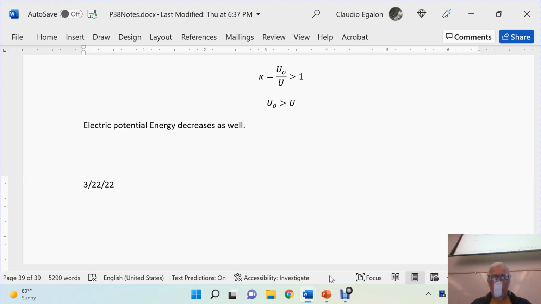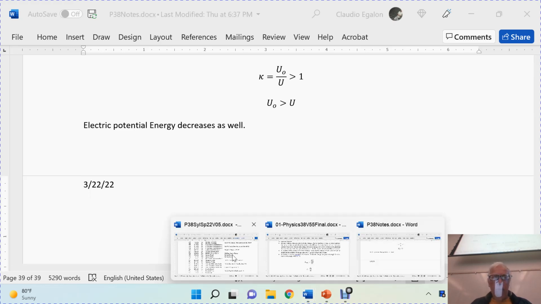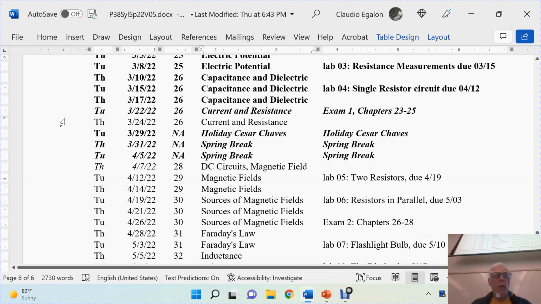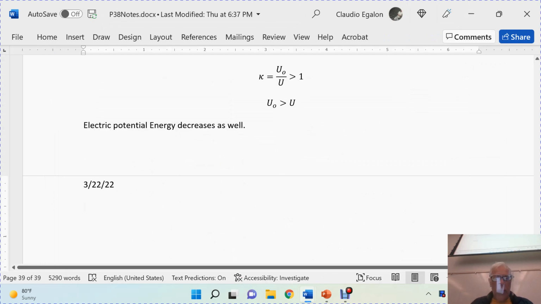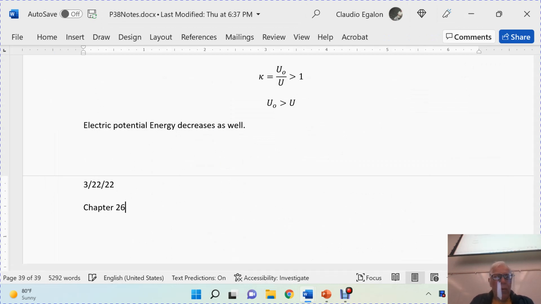So what we're gonna cover today, going back here to the syllabus, is going to be current and resistance. Chapter 26 of the book. Current and resistance.